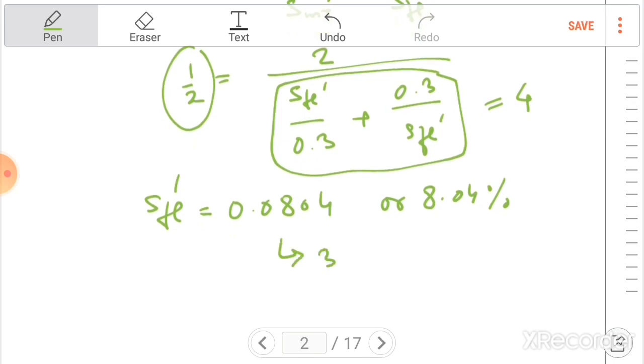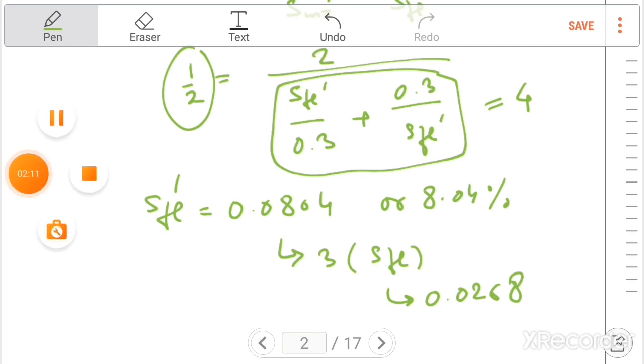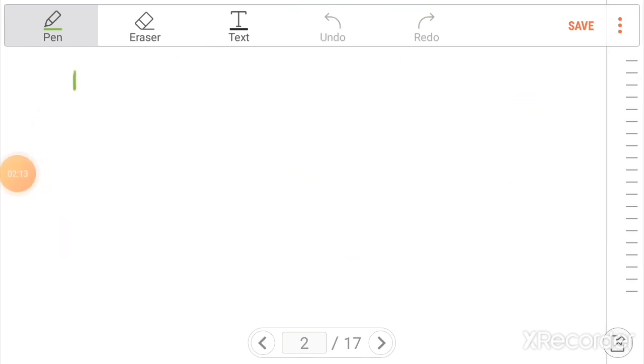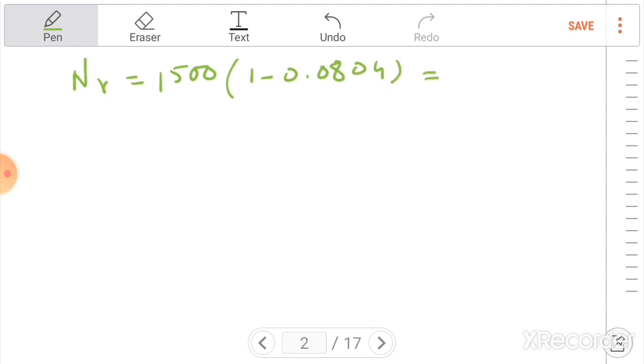We can observe here that this slip at full load condition is exactly 3 times the slip at full load in the previous case, which was 0.0268. Now the running speed at this full load slip will be equal to 1500 multiplied by (1 minus 0.0804), which is 1379.4 rpm.